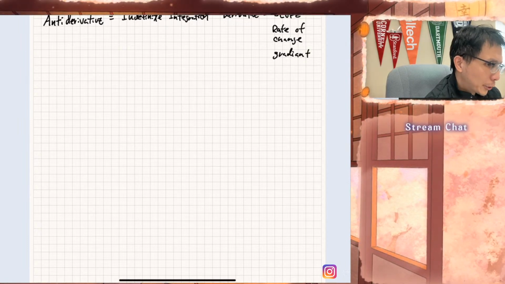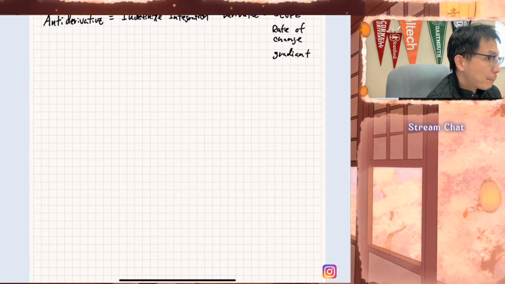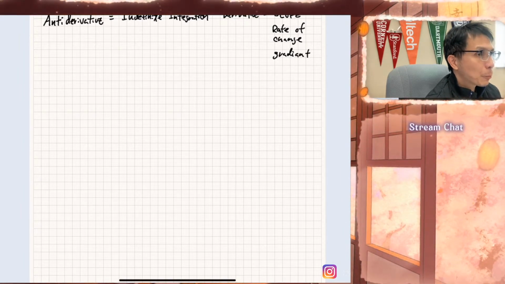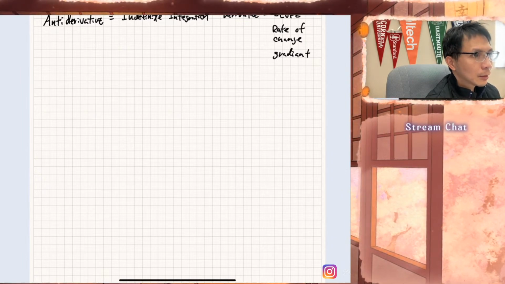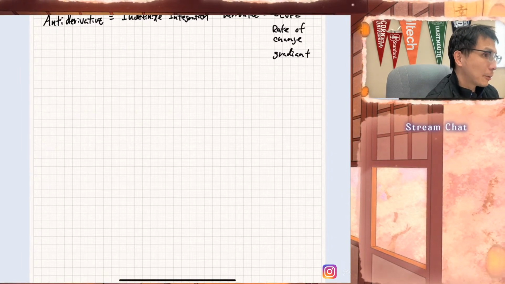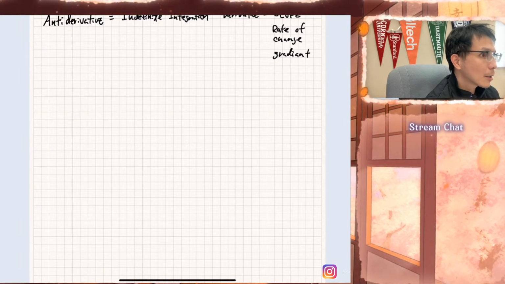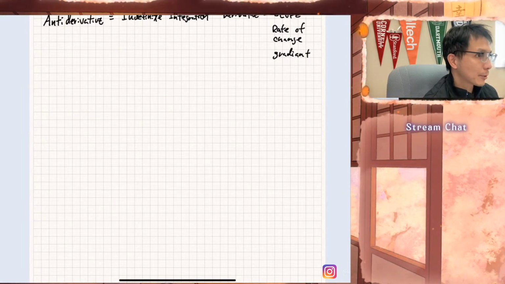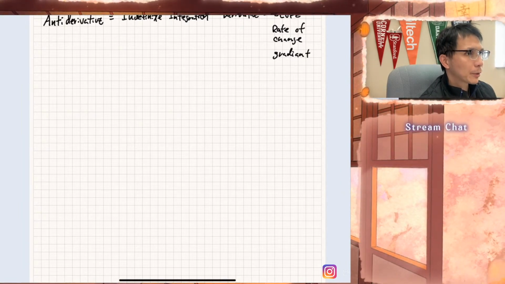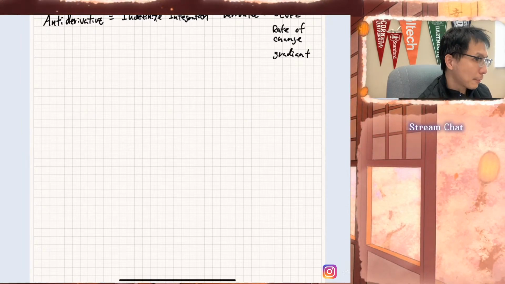Basically, the goal of antiderivative is to find, what if I give you f prime of x, and we ask, what does the f of x look like? Well, we never asked that question before. We just asked what happened with the f of x, the main characteristics you see on f of x from f prime of x.